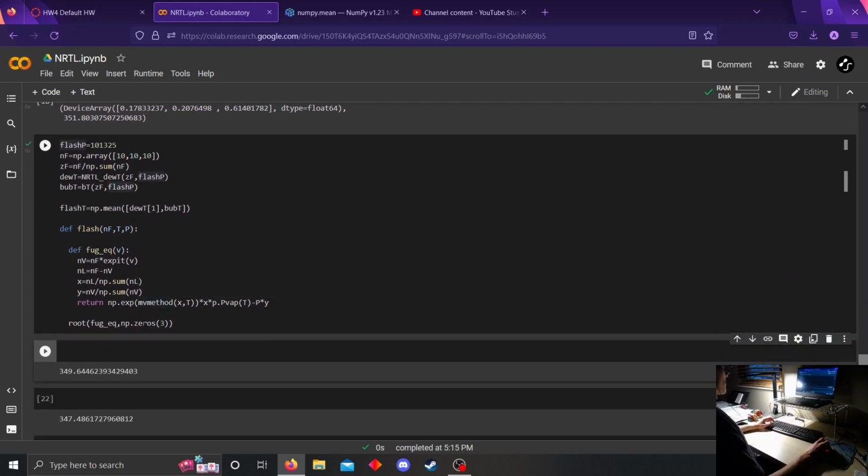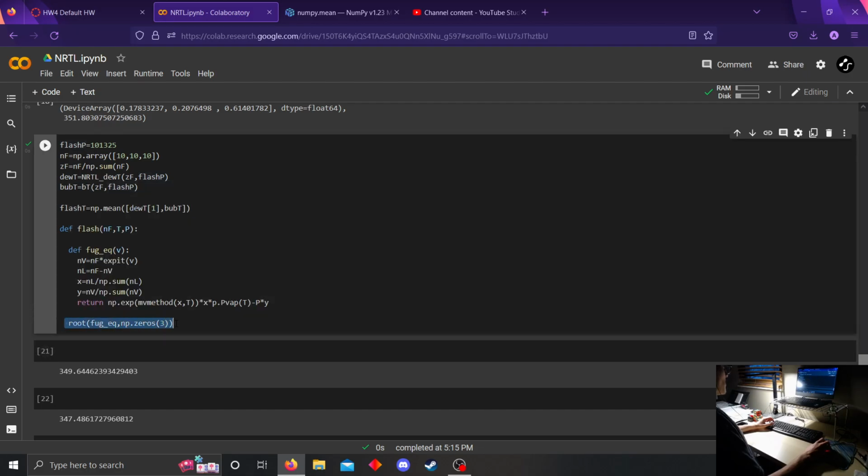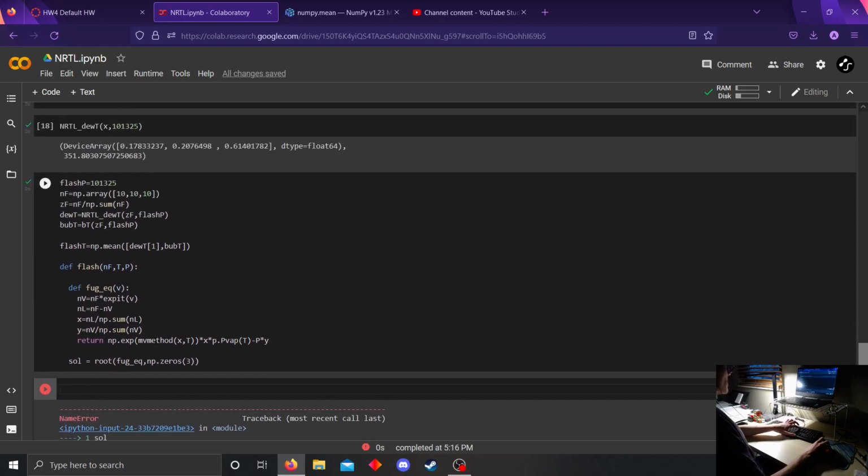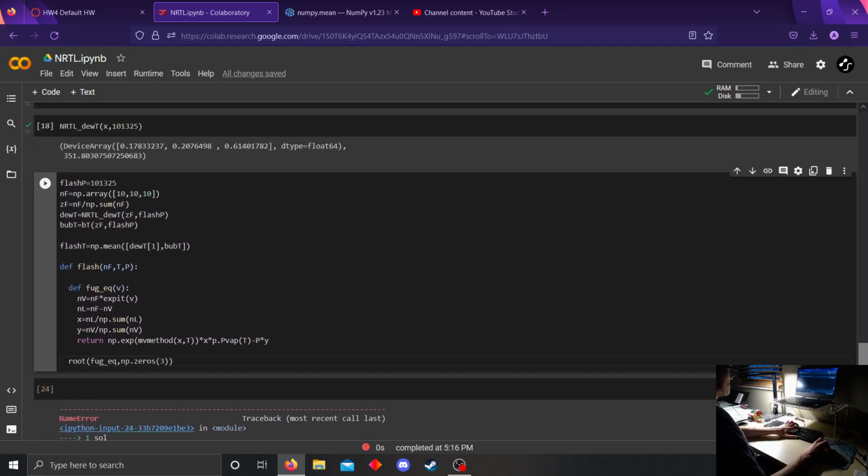Where was I? Root, right. We'll call this solution equals root. Can I just do that? No, I can't. Oh, that's okay. For the root function, the answer we're looking for is actually stored in this .x, which we've done in previous videos.